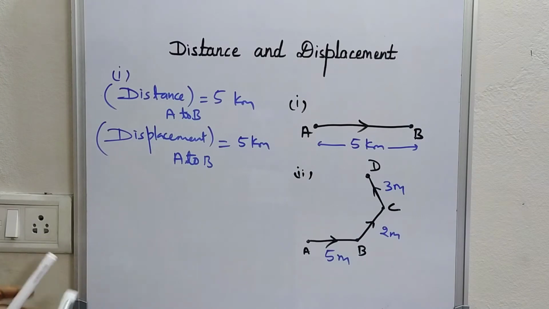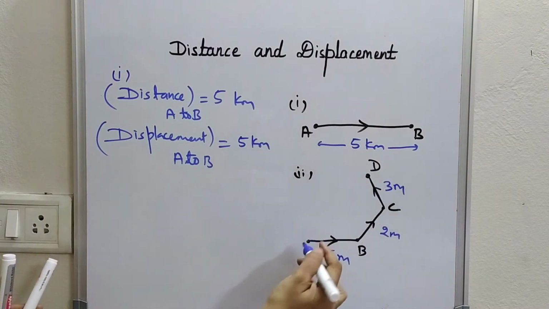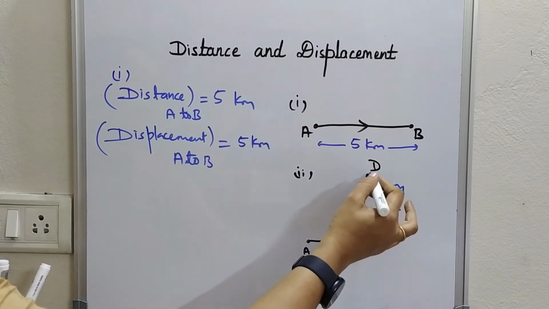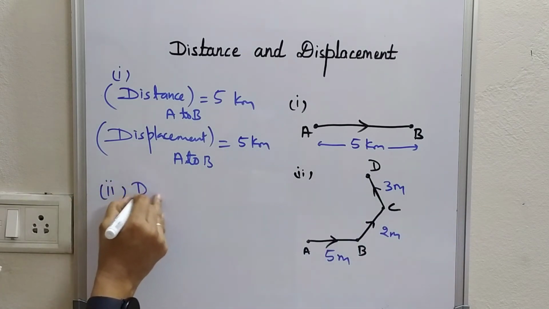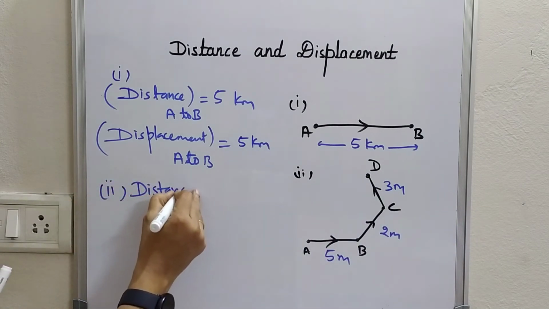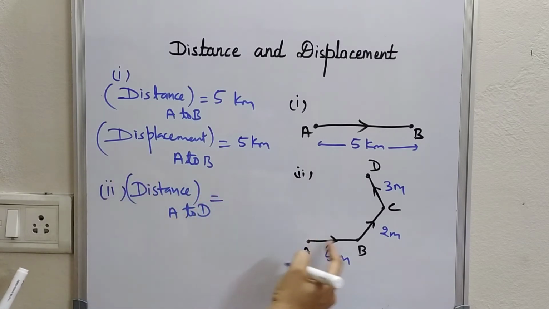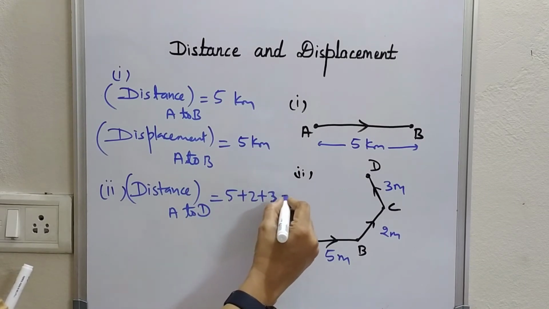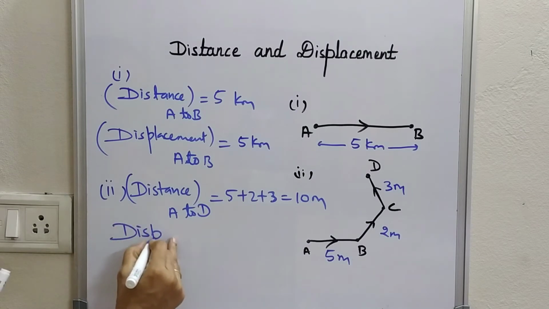So the body traveled from A to B, then B to C, then C to D. This is the actual path. The length of the actual path is called distance. So the distance traveled by the body from location A to location D is 5 plus 2 plus 3, so 10 meters.